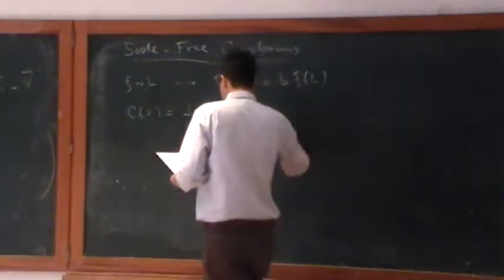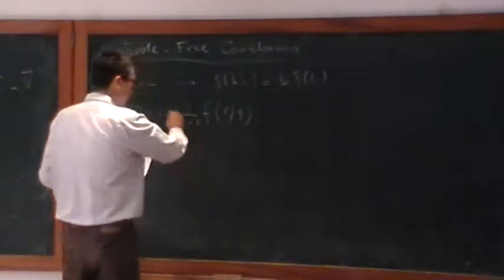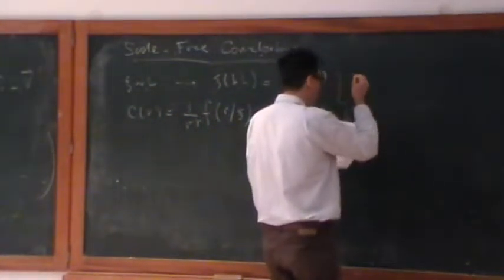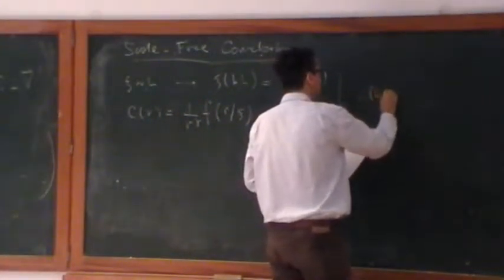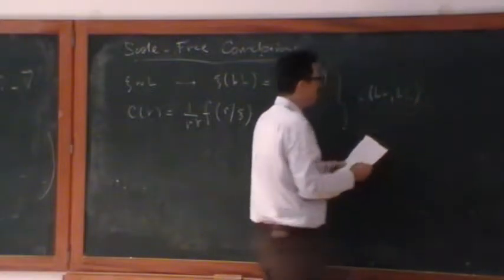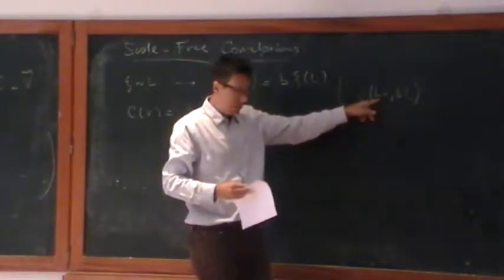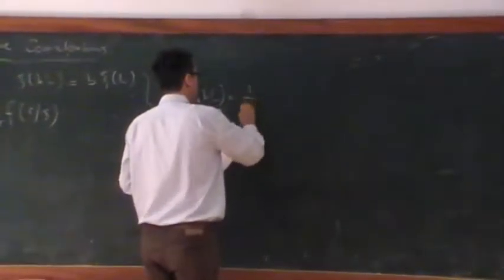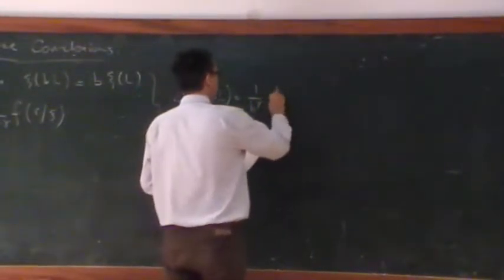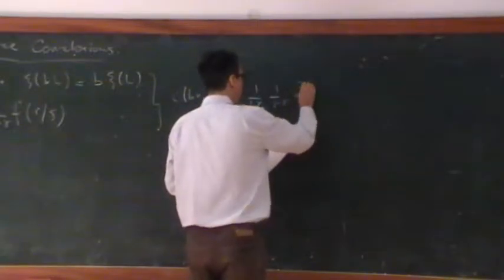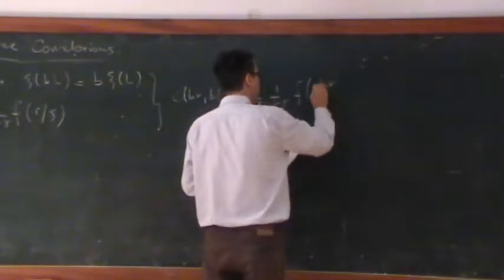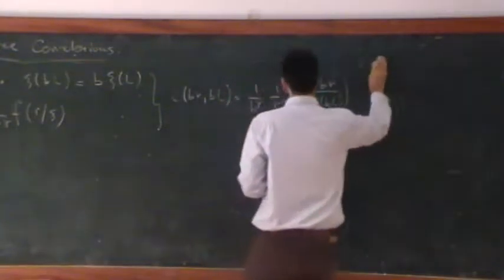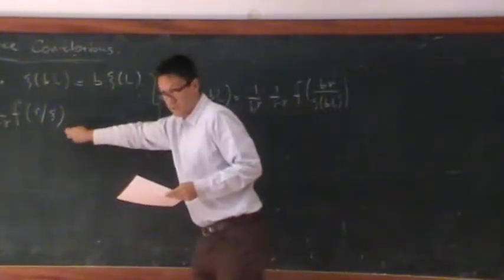Right. So then I just put together these two things, and what I get is the following, that if I measure C of B R, B L, by using that I get 1 over B to the gamma, 1 over R to the gamma, F of B R over psi of B L. Okay, just use this relationship here.